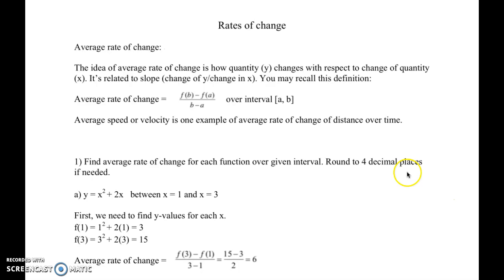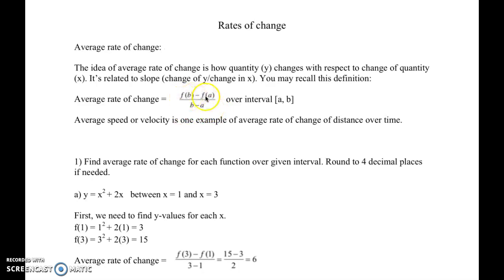And the definition looks slightly different than what you recall from slope, because for slope we have y2 minus y1 over x2 minus x1. Here we just have the function value at a value b minus the function value at a. So these are y values, and we subtract their x values in the same order.